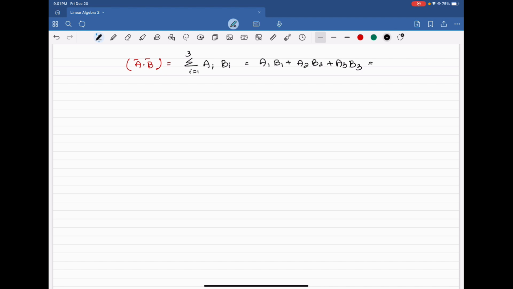This is the dot product. As per Einstein convention, we can drop the sigma symbol and write it as AI BI. A dot B is equal to AI BI. This is Einstein convention. People also call it Einstein notation.